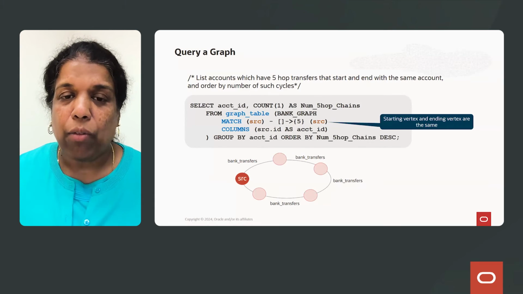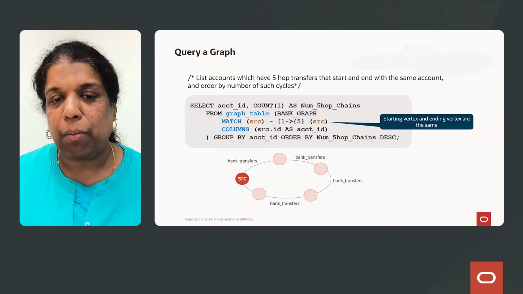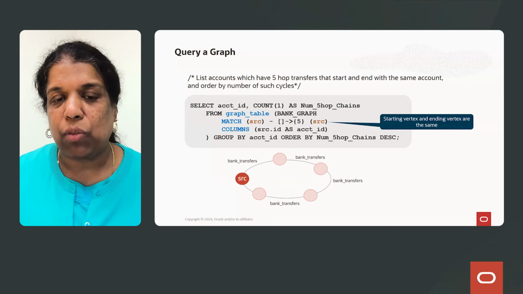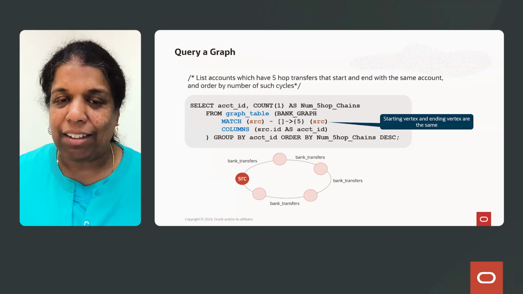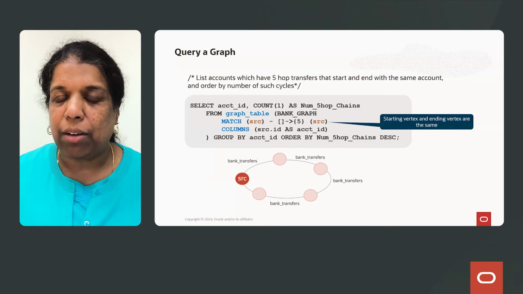Needless to say, financial institutions are really interested in finding this kind of pattern because this is anomalous. When they see money moving in a cycle and moving back to the source account, it's something they want to flag and research further. So finding cycles, finding indirect links, these are the kinds of things that are made really easy with this new syntax.